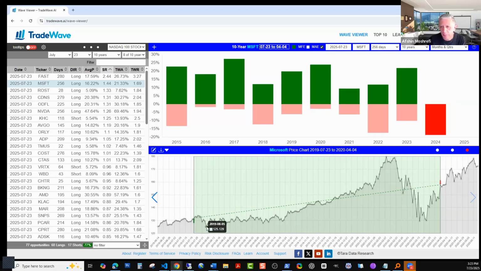That minimum that it went to is the pink part, or another term for it is drawdown. This is how much it went against you. And it's used many times to find out if we are in an outlier year or we're not. But that doesn't mean, like, look at this, 2024 dropped 18%.